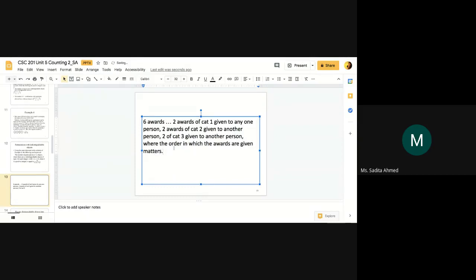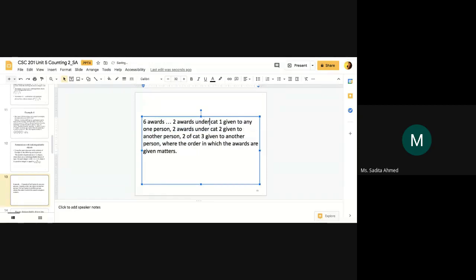If you have a problem like this, let's say we have 6 awards, all right? 6 awards where 2 awards of one category, of one type, are given to one person. Then 2 awards under category 2 are given to another person.